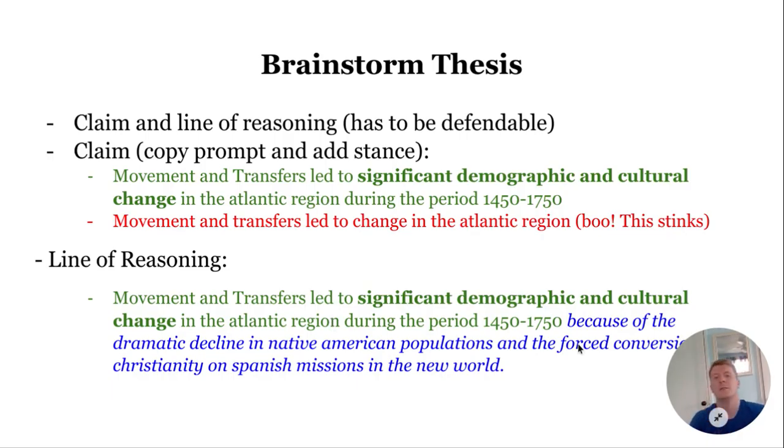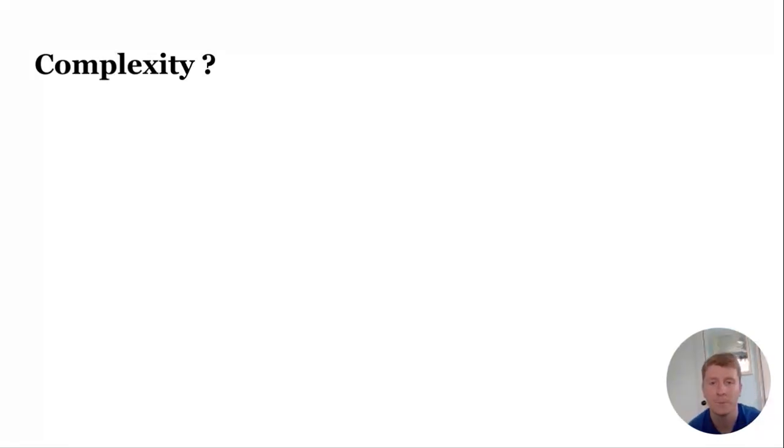One thing I'll note though is that part of the rubric does ask for complexity, which is the hardest point to achieve. A thesis like this would get you credit for the thesis point, but it might limit you later on in getting complexity. So for complexity, you do want to add a counterpoint to your thesis.